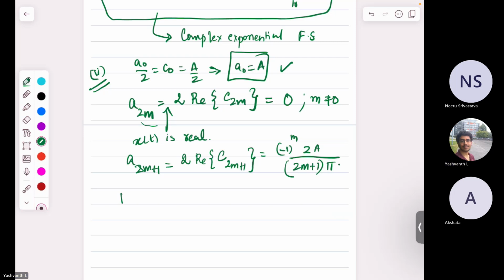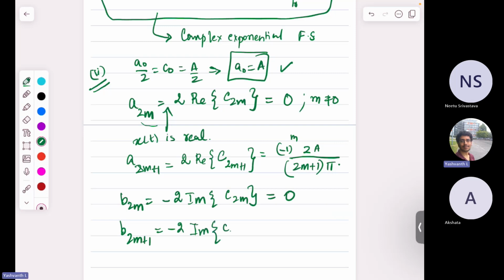For B, similarly, B2m is equal to minus 2 times the imaginary part of C2m. But anyway, C2m is 0, so this is also equal to 0. Similarly, your B2m plus 1 is equal to minus 2 times the imaginary part of C2m plus 1.